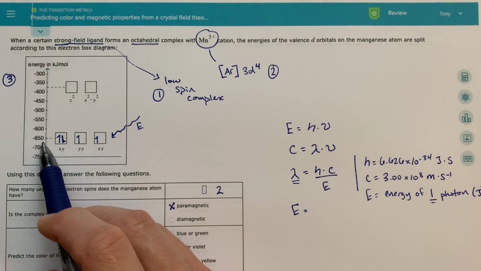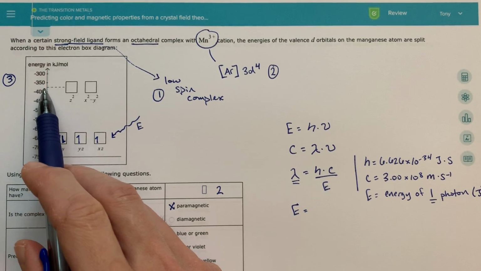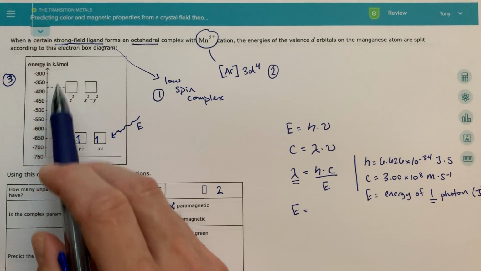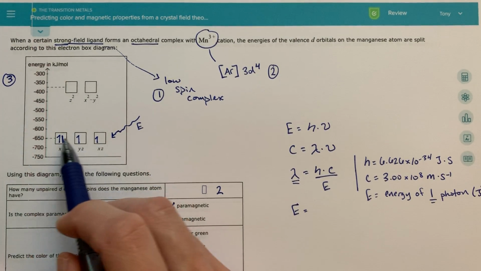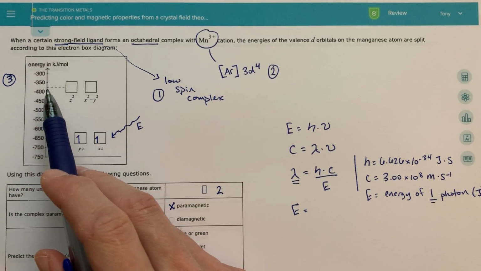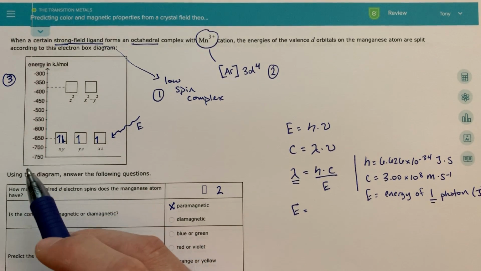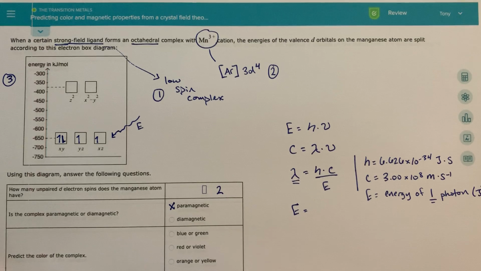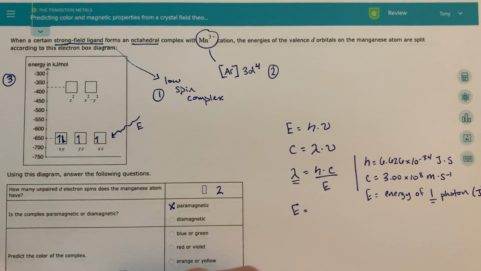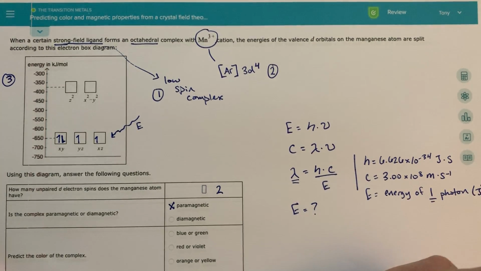We've got this energy level at minus 650 and this energy level at minus 375. So we can calculate the energy in kilojoules per mole between these lower energy d orbitals and these higher energy d orbitals from the difference between 650 and 375. That's a difference of 275 kilojoules, right? So to go from here up to here is 275 kilojoules. So the energy, we'll work this out. I'm going to write energy equals question mark.